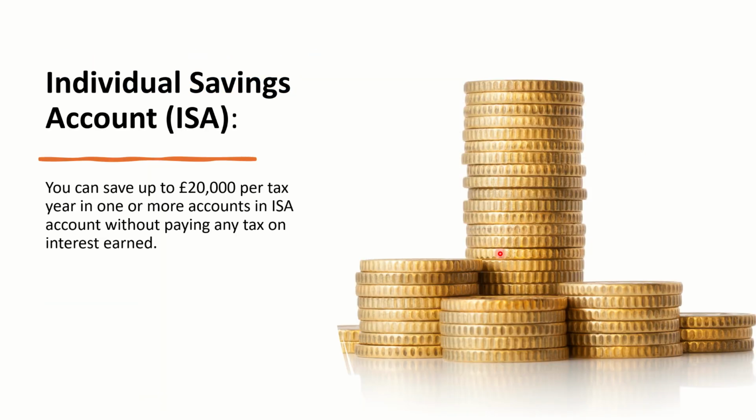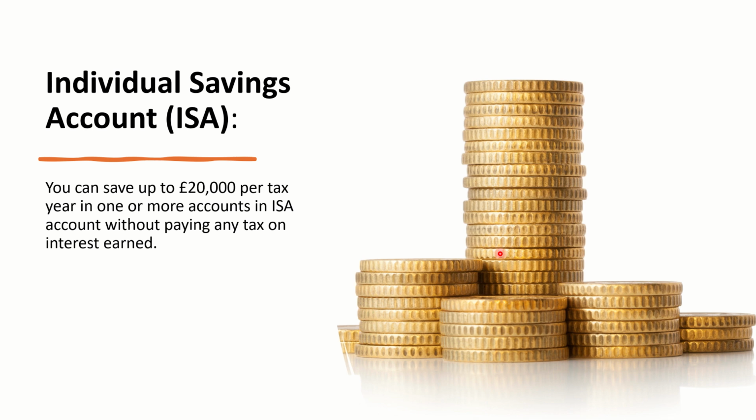But the ISA accounts are good in that you don't need to pay any amount of tax to the government. Whatever money you save in an ISA account and whatever interest it earns, it's your money. The government will not ask anything about it.